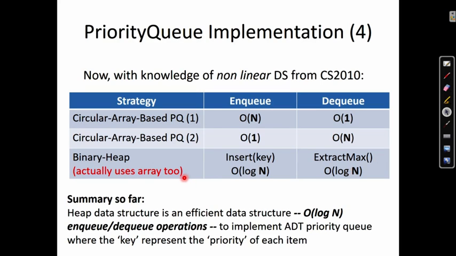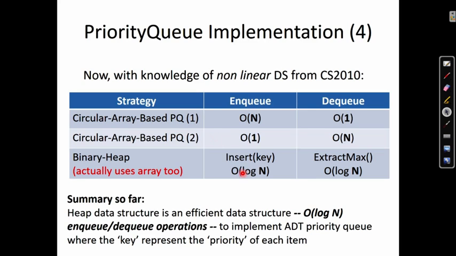So using a binary heap, now I have this. Binary heap, insert key, in the worst case log n time, right? Okay, for NQ, and then DQ, which is extract max, worst case also log n time. Okay, so I'm slightly slower than O(1) time based on my circular array implementation.